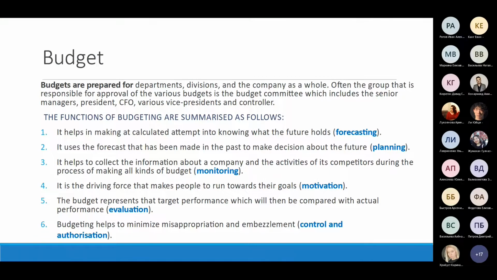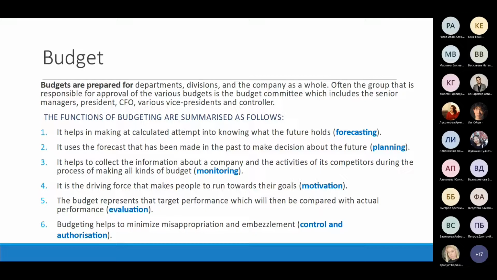Budgets using both approaches are usually prepared for departments, divisions, and for the company as a whole. The group that is responsible for approval of the various budgets is the budget committee. Actually, the budget committee will include different persons in different positions, but it includes managers, presidents, CFO, and various vice presidents and controllers.